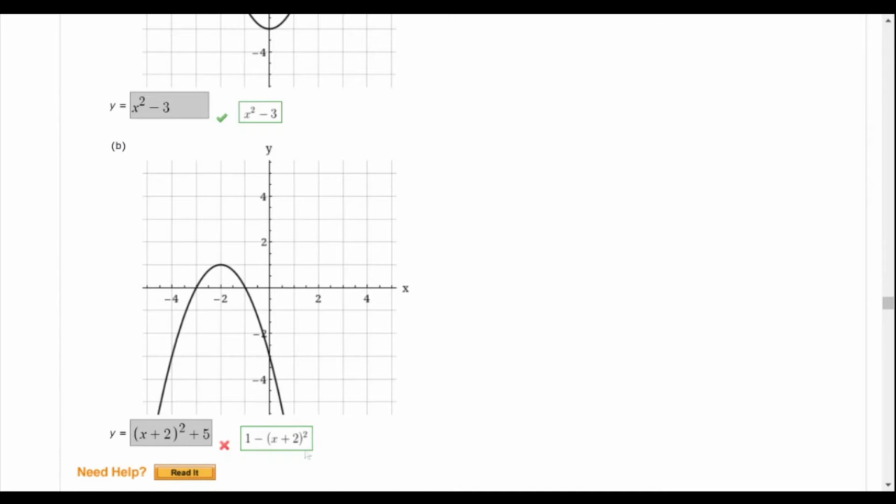That's the same thing as what you see on the screen right now. They just flipped it around for whatever reason. It's a machine. It doesn't really know how to write it out. Okay. So negative open parenthesis x plus 2 close parenthesis squared plus 1. Can you repeat that, Dr. Sunny? All right, let me write it down.